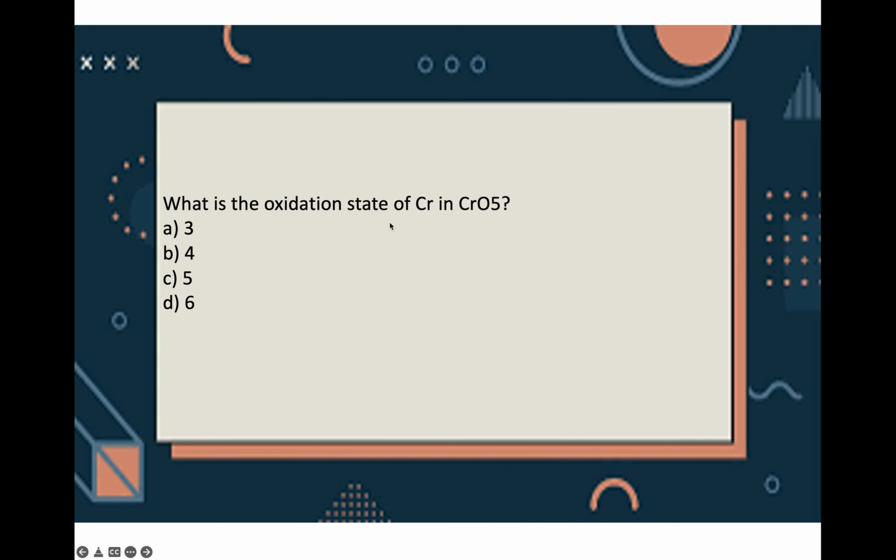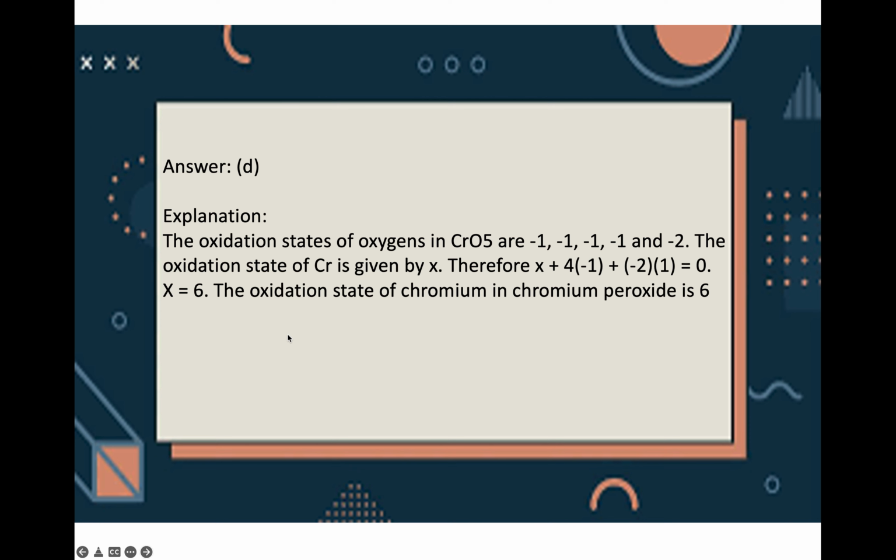Okay, now what is the oxidation state of chromium in CrO5? Is it 3, 4, 5 or 6? The option is 6. Okay, here look at the oxidation state of oxygen in CrO5. It is -1, -1, -1, -1 and -2, because the oxidation state of chromium, suppose it is X. If this is X, how many oxygen atoms are here? 5 oxygen atoms.